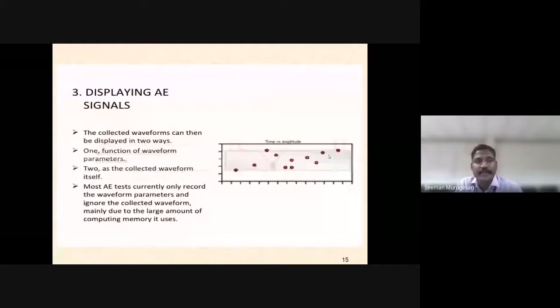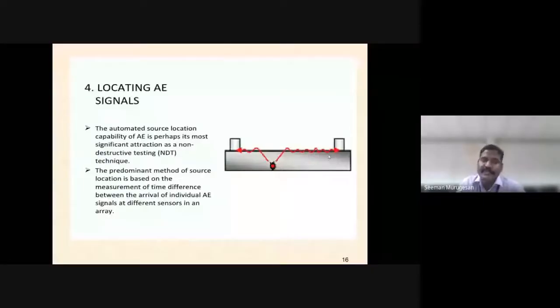For example, in non-destructive testing, you have to locate the defect. It is also possible using an acoustic emission sensor. The automated source location capability of acoustic emission is perhaps the most significant attraction of the non-destructive testing technique. The predominant method of source location is based on the measurement of the time difference between the arrival of individual AE signals at different sensors in an array. Suppose I want to locate the exact location of the defect.